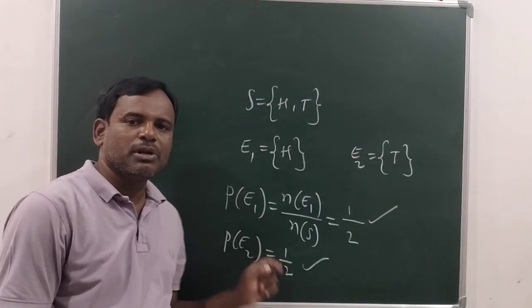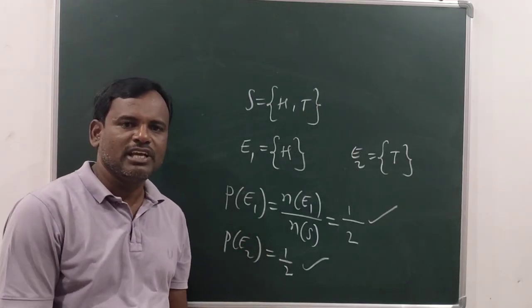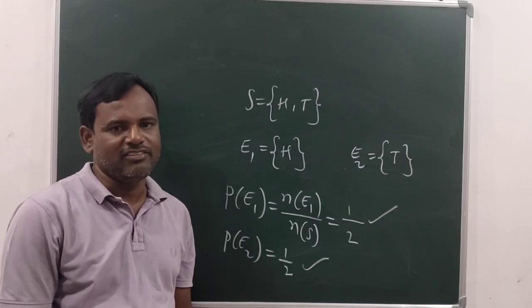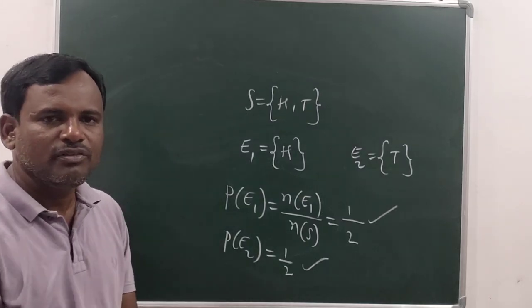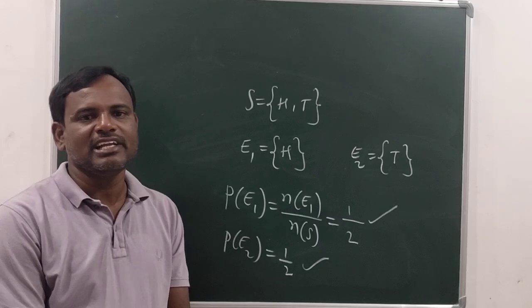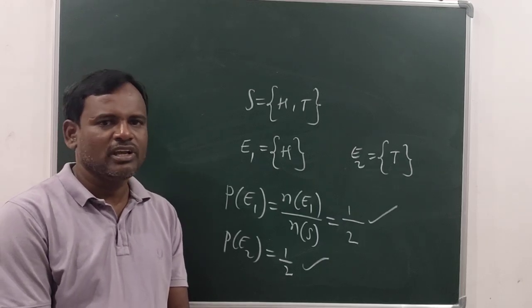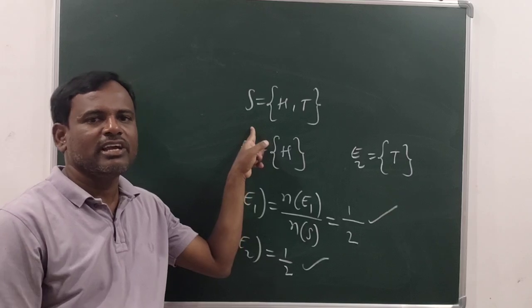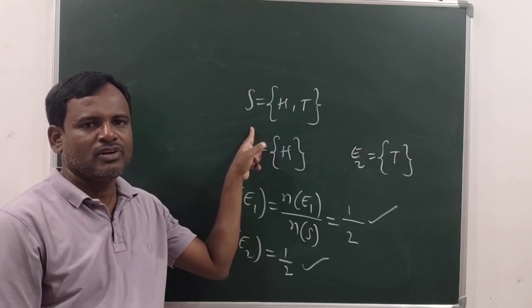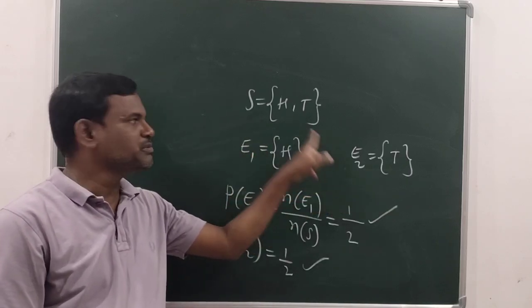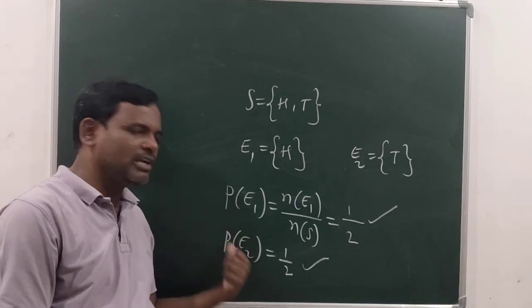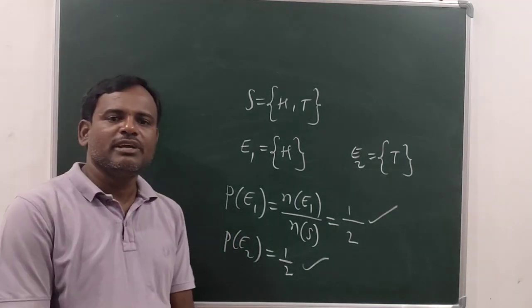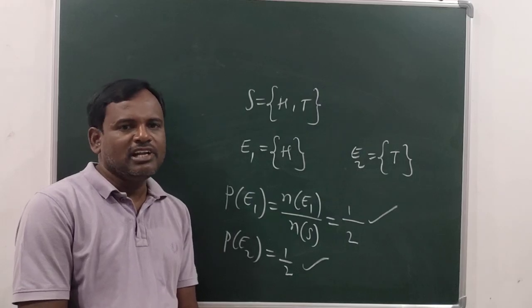So whenever the probability of events is the same, such events are said to be equally likely events. What do we say them? Equally likely events. Okay? See, this is the sample space for throwing a coin, and these are two subsets of this, and their probability is the same. Hence, equally likely events.